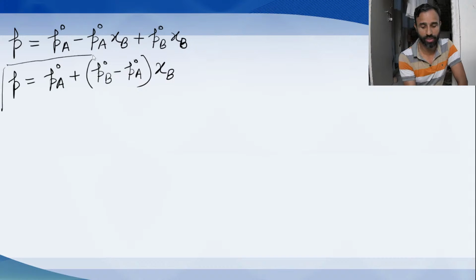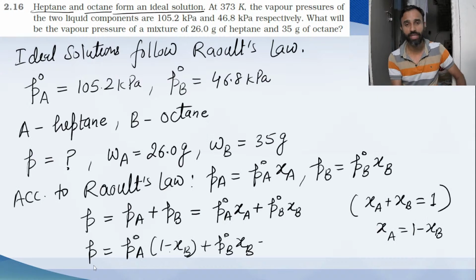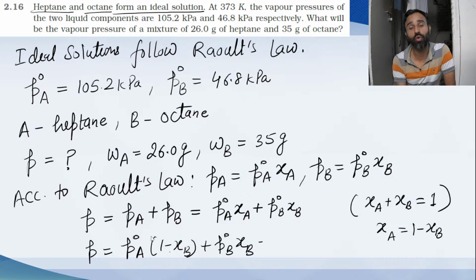This is according to Dalton's law of partial pressure, that the total pressure is the sum of the partial pressures of each component, in case of gases. Here in case of solution, total pressure of the mixture is equal to the sum of the vapor pressures of A and B in the solution.